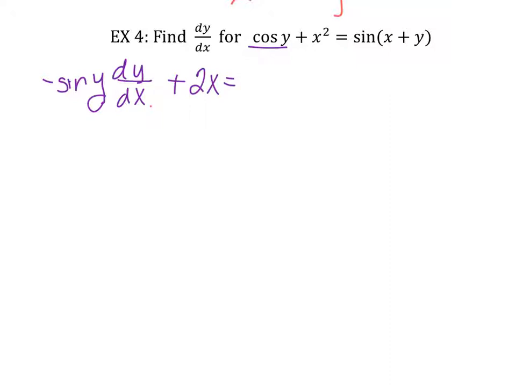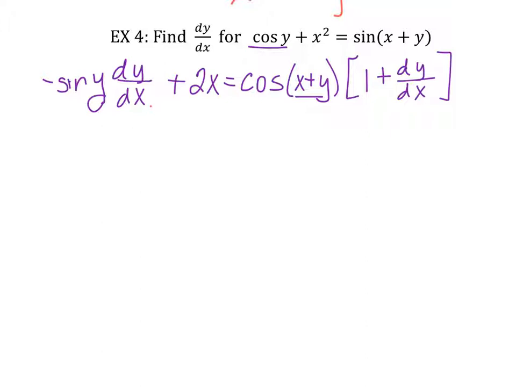Now let's look at this one on the right. The sine of x plus y. Well, it's going to be the cosine of x plus y times the inner derivative. Well, the inner derivative is the derivative of this argument. So the derivative of x is 1. The derivative of y is dy dx.